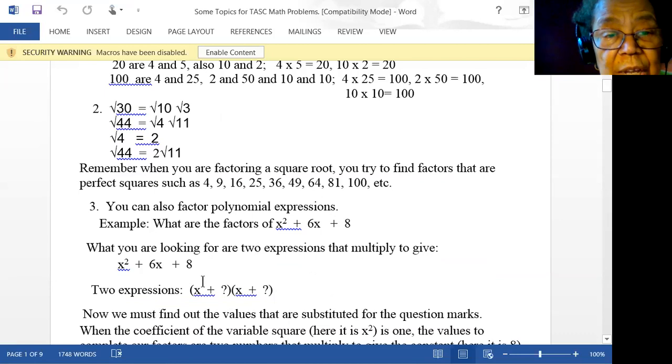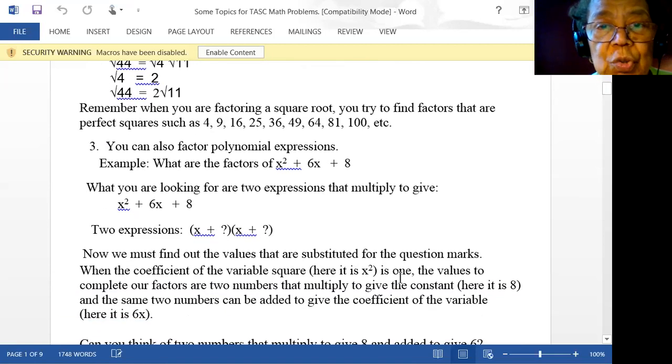We know that x will be part of each of the factors because x times x is x squared. But what we need to do is find the other two numbers that are here represented by these question marks. So let's find out what we substitute for the question marks.